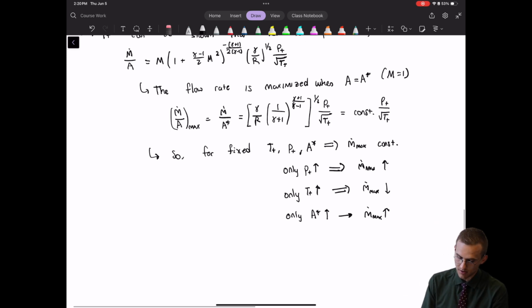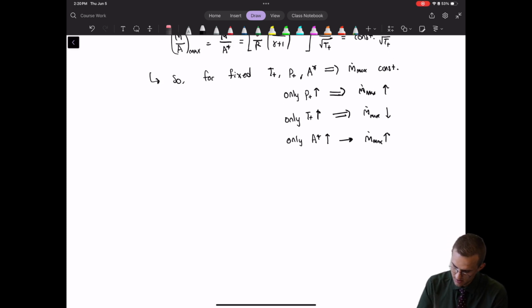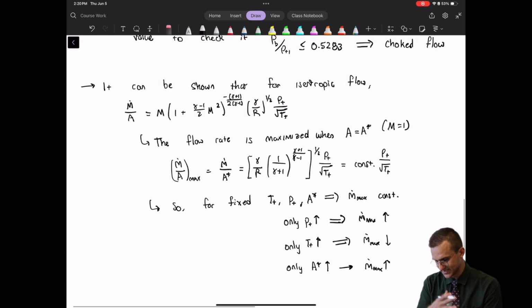Okay. There might be a more detailed treatment of that in the textbook. So that was just a little aside to discuss the mass flow rate, to give you an idea of how your upstream stagnation conditions affect what kind of flow rates you can achieve.